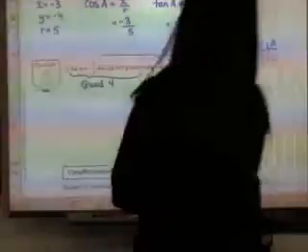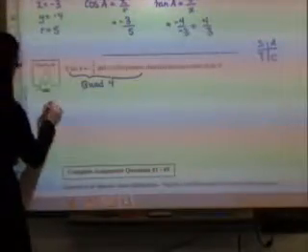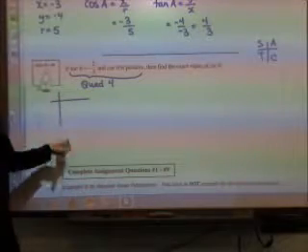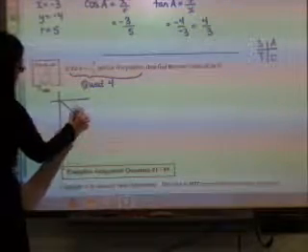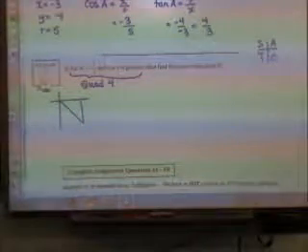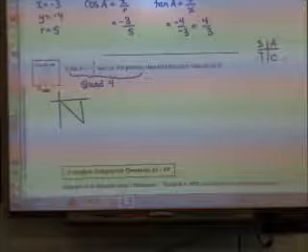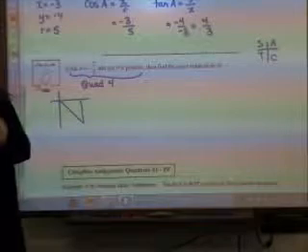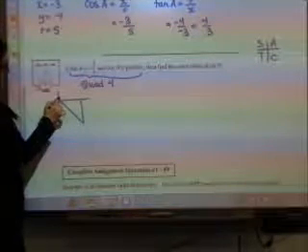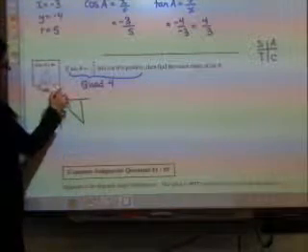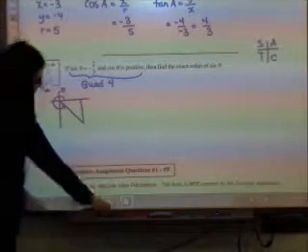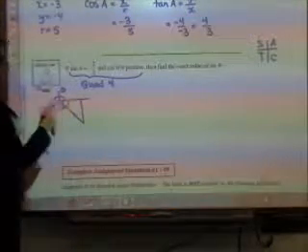Okay, so I know I'm in quadrant 4, so I can sketch this out in quadrant 4. The other thing that I know is that tan is the relationship between the opposite and the adjacent. So this ends up being theta, but this right here is my reference angle.